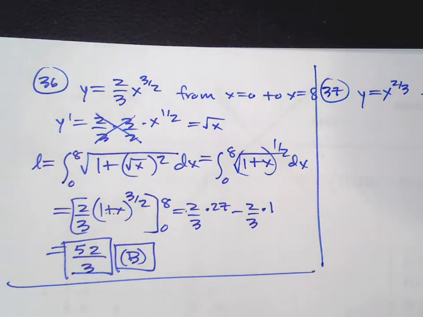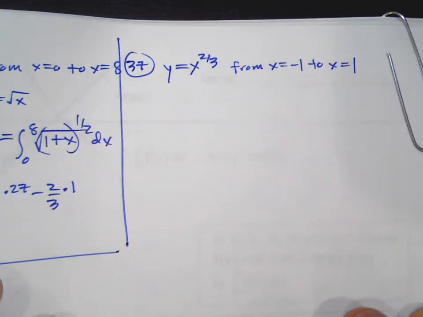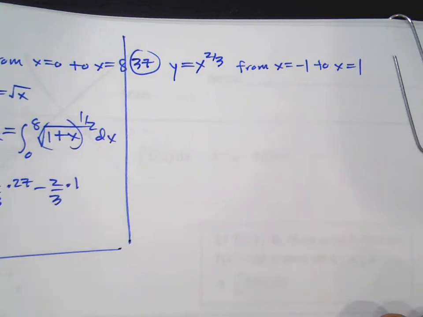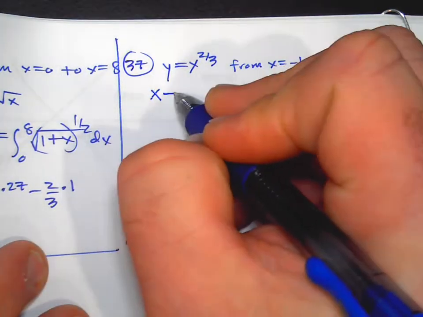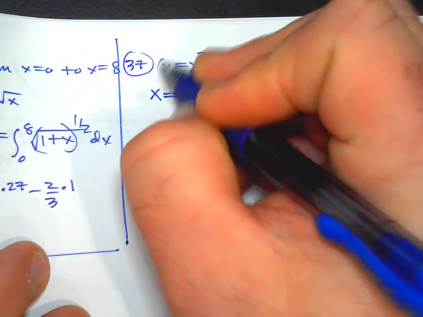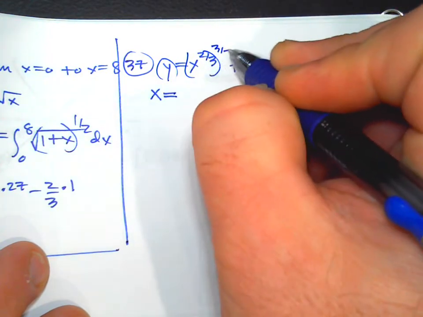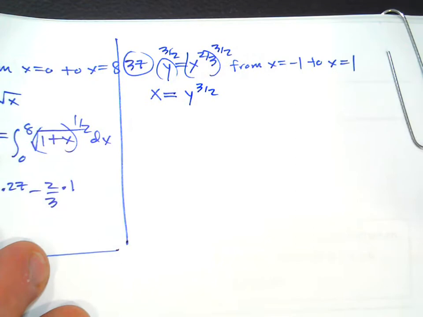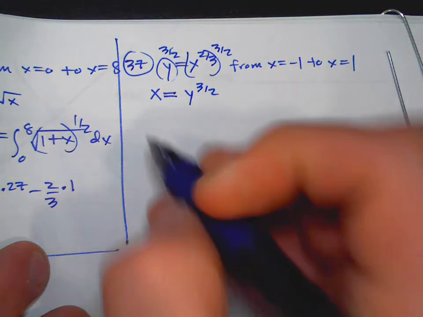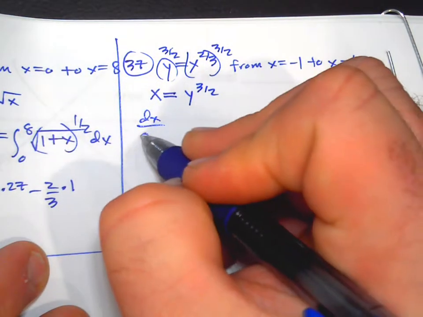And all of these are in terms of y, which probably means we need to rewrite it as x in terms of y. So you raise both sides to the 3 halves, and you would take the derivative of x with respect to y.